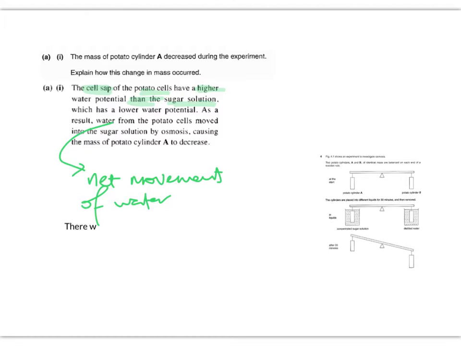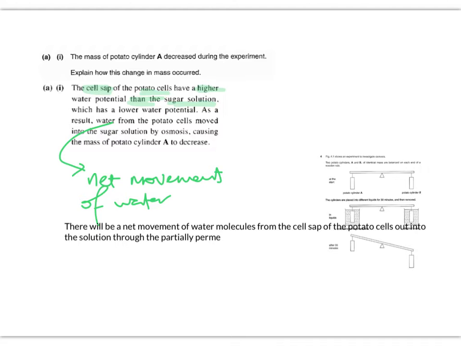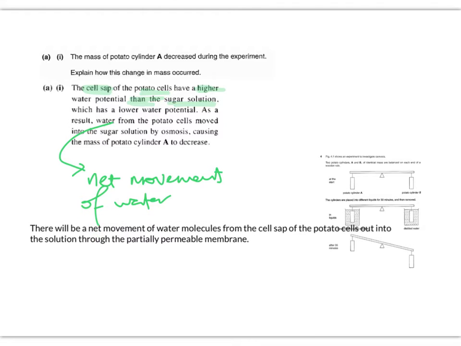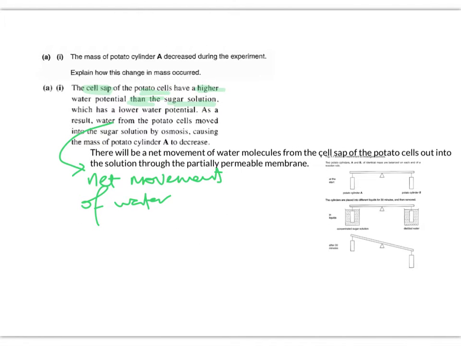There'll be a net movement of water molecules from, in this case, from the cell sap of the potato cells out into the solution through the partially permeable membrane. Okay, and there we go. Yep, so overall causing the mass to decrease.